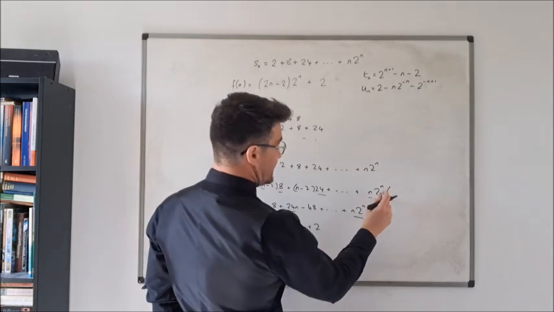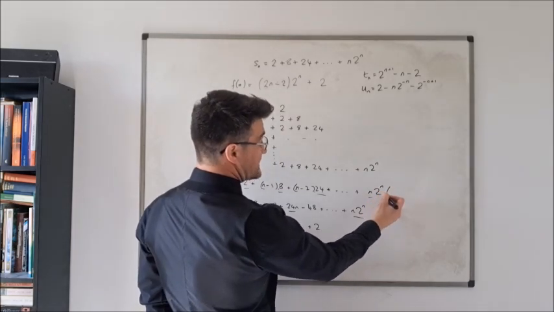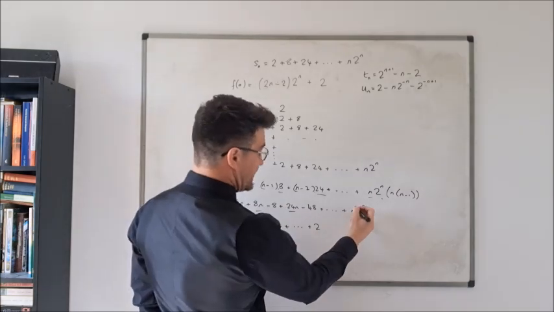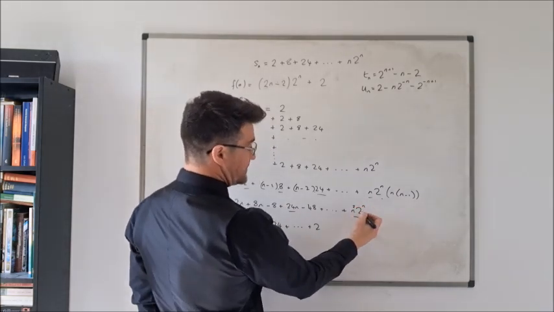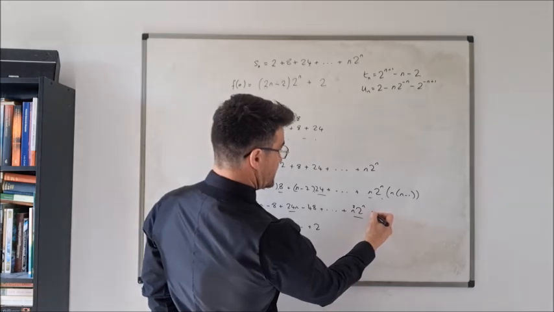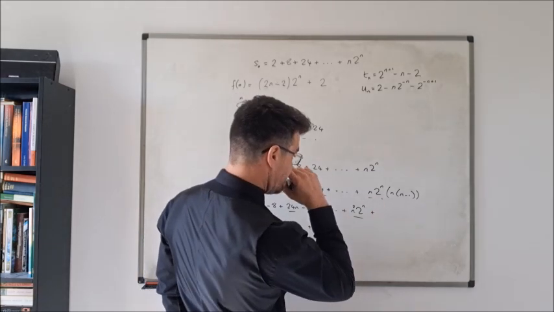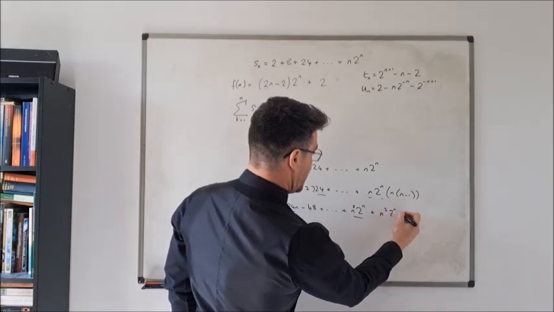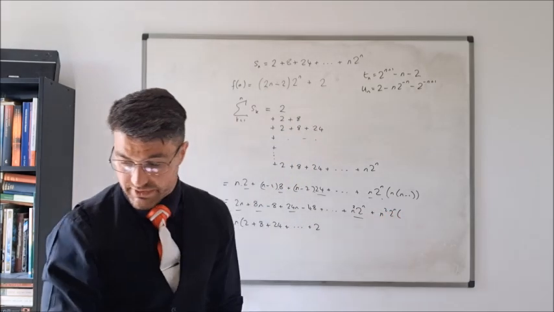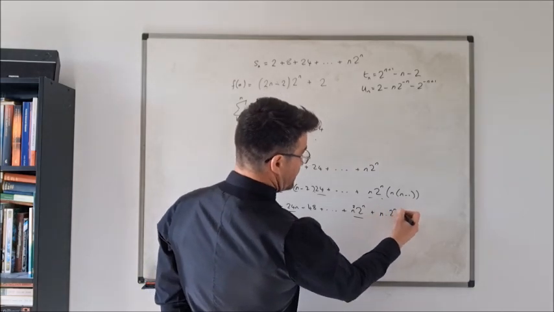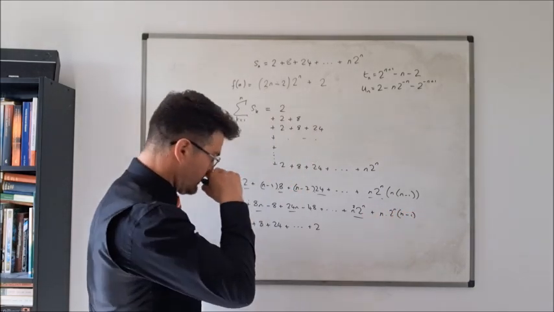So I wrote here, instead of n times 2 to the power of n times 1, n times n minus 1, which means that I'd get an n squared 2 to the power of n. No, I don't get that, do I? That's it, right. n times 2 to the power of n times n minus 1.